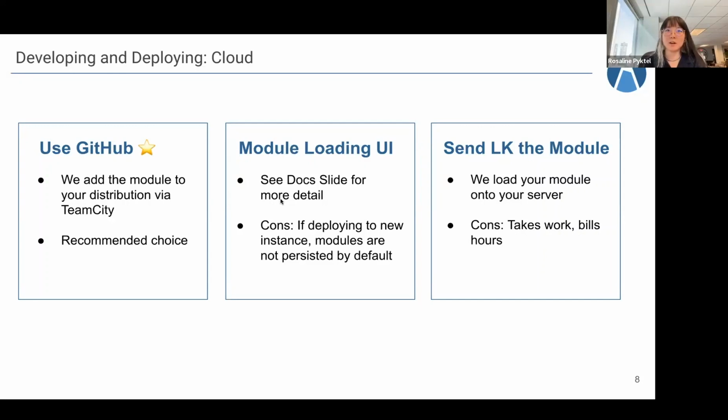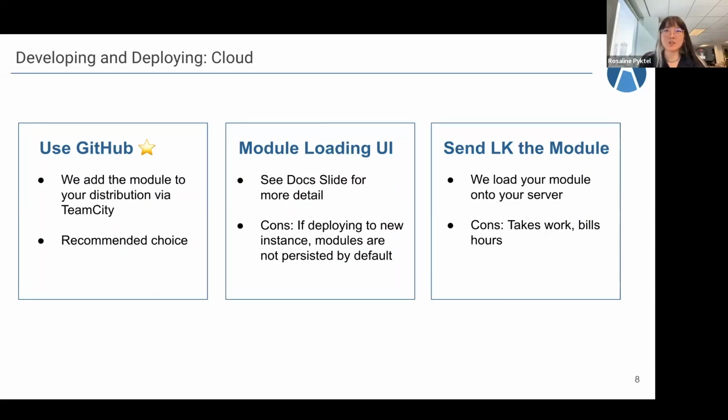One, you could keep your module in a repository on GitHub, and we then bake it into your distribution via TeamCity, our continuous integration and deployment tool. This is the most recommended choice, and it comes along with the benefits of version control. Coordinating with your account manager is a good idea to determine if this option is a good fit for you.